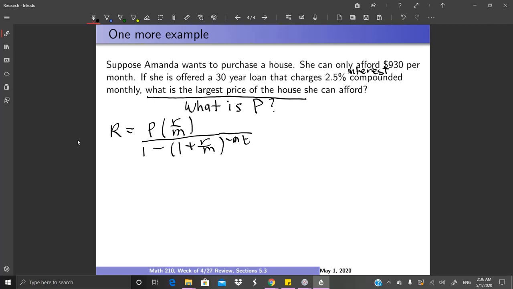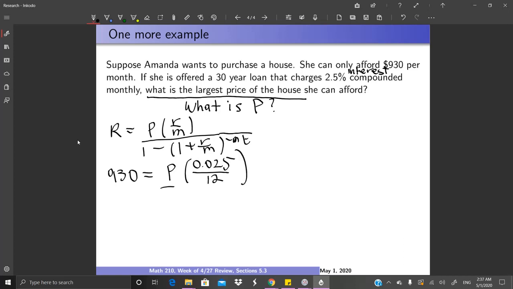Okay, so let's see what we have so far. We know how much I can afford to pay per month. That's $930, so that's R. So 930 is equal to P, that's what I'm looking for, times my value for R, 2.5%, 0.025. Now we know that this is being compounded monthly, which means M is equal to 12.